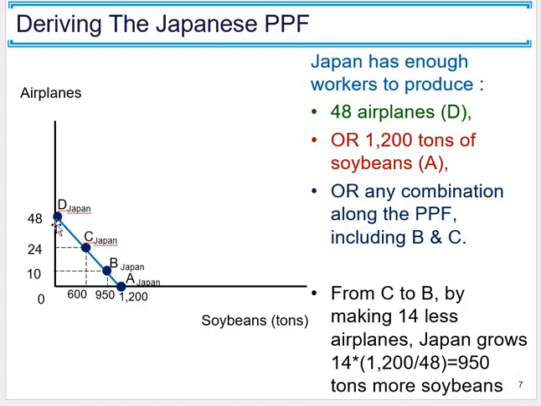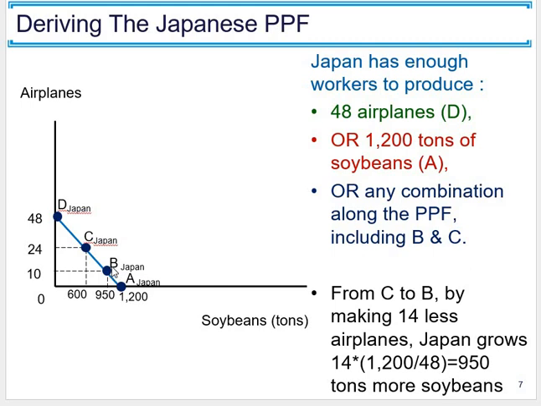This point D denotes when Japan decides to produce 0 tons of soybeans, then it can have 48 airplanes. Or let's focus on soybeans, at point A, when Japan produces no airplanes, the maximum amount of soybeans they could produce is 1,200 tons.